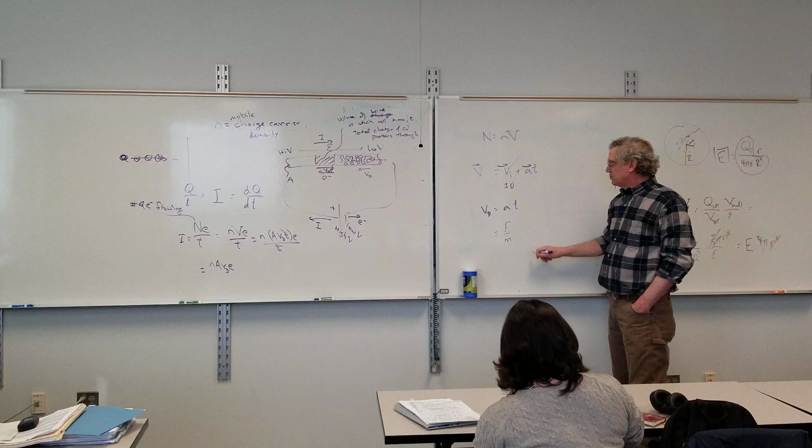Statistically, any one electron is just as likely to go through as another. So if I look at the volume here, this is the volume of charge, volume of wire, in which in time t, total charge of Q passes through.